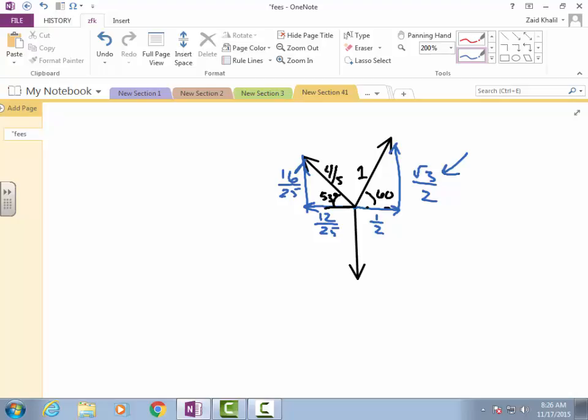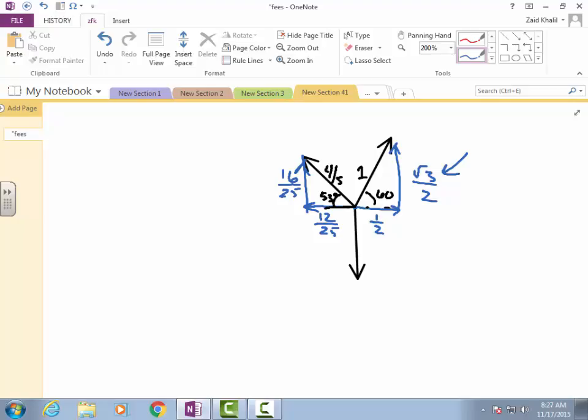And if you want to do even better than that, watch this. I want a fraction whose square is slightly less than 2. Anybody know one? 49 over 25. 49 over 25 is less than 2, right? So the square root of 2 must be greater than 7/5.